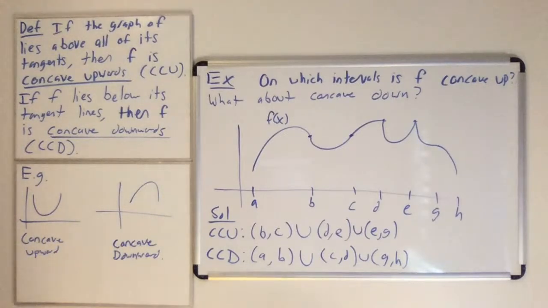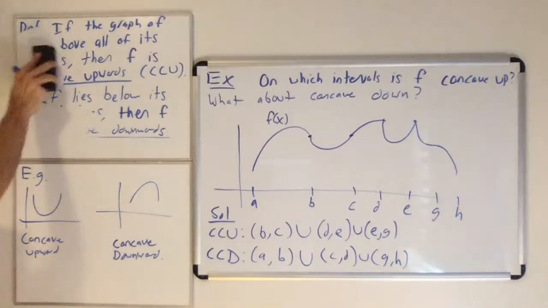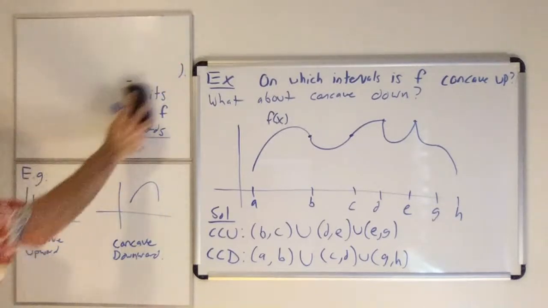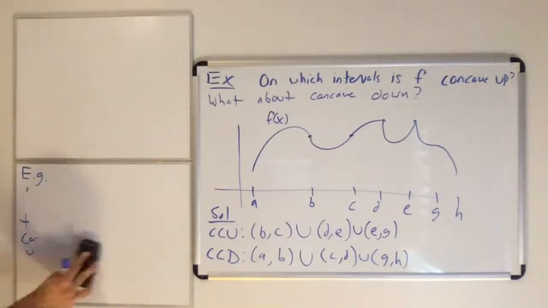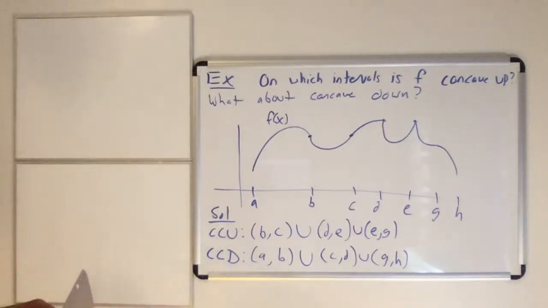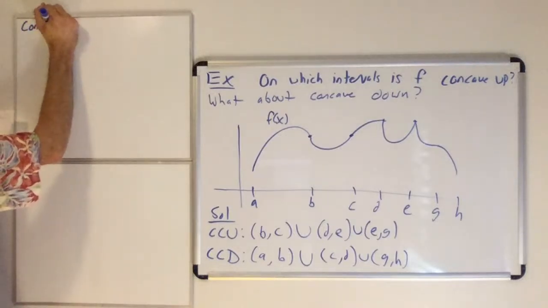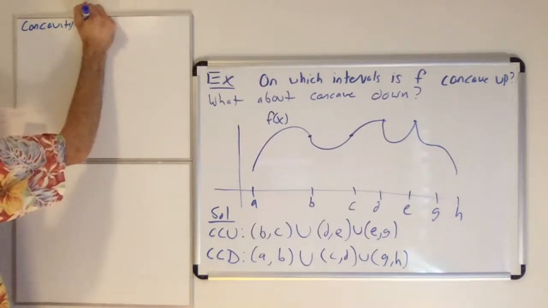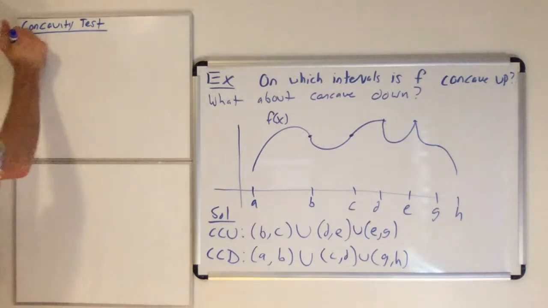It turns out that the second derivative is how we test for concavity. Let's write that out now. This is called the concavity test. There's two parts to it, but they're both pretty short.